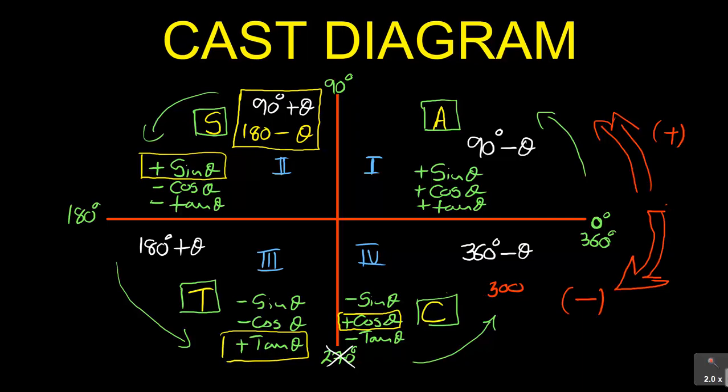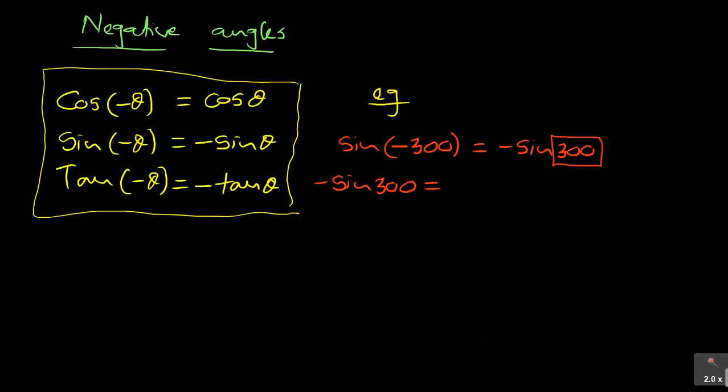So now you need to identify the reduction rule of the fourth quadrant, which is 360 minus theta. So what you're going to have here will be negative sine, don't leave the first negative sign, 360 minus theta.